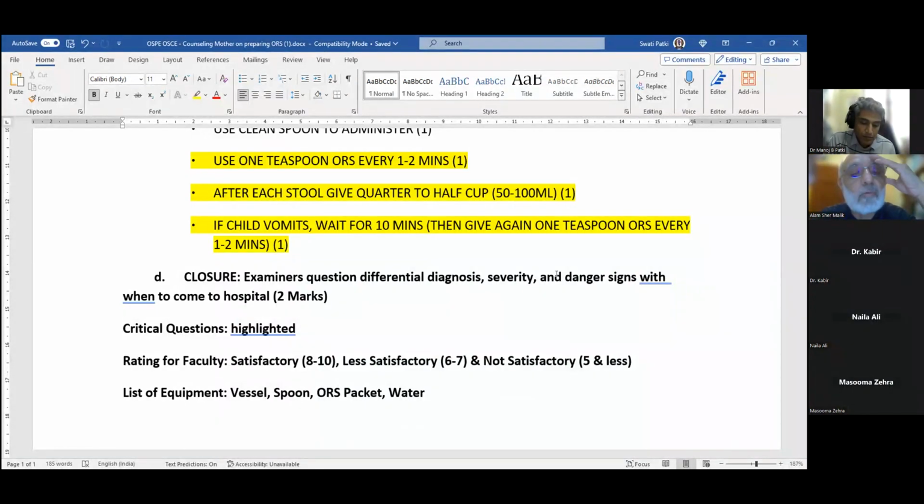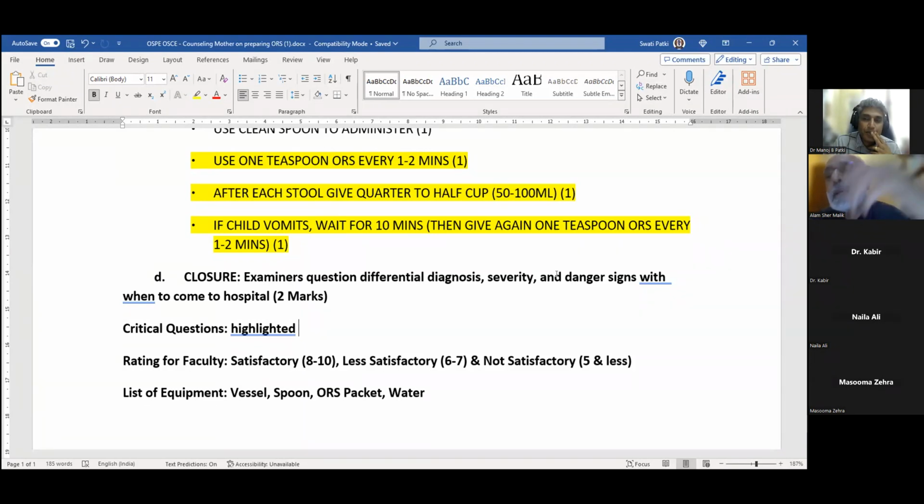But how would the student know that there are 4 or 5 steps? The student might spend the whole time on preparation. So you have to prompt the student: what is the next thing you are going to do?